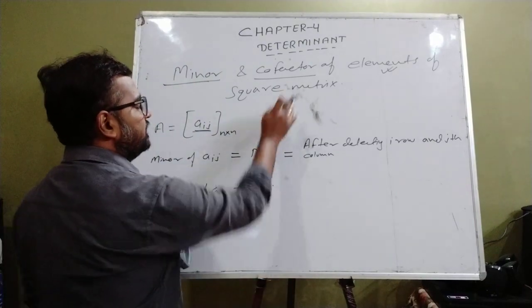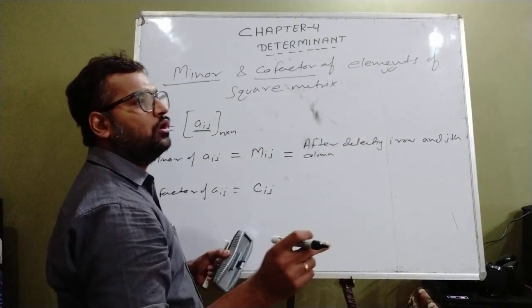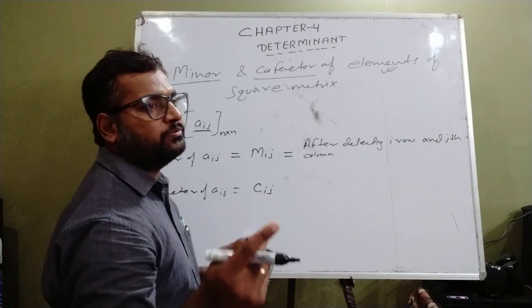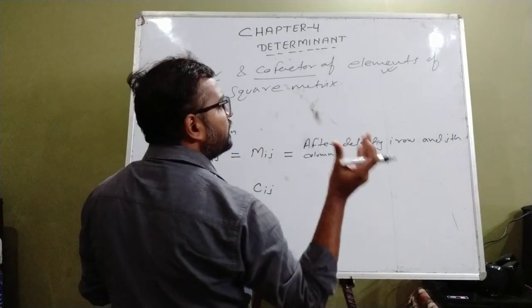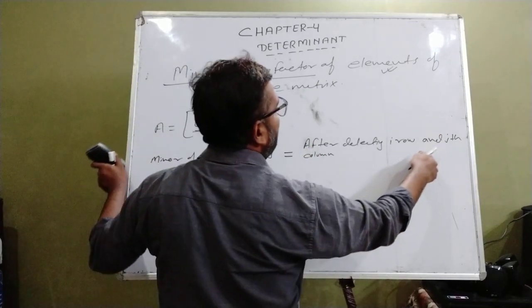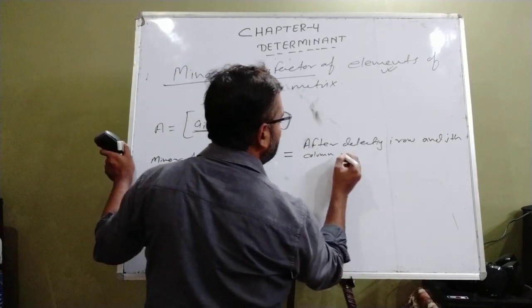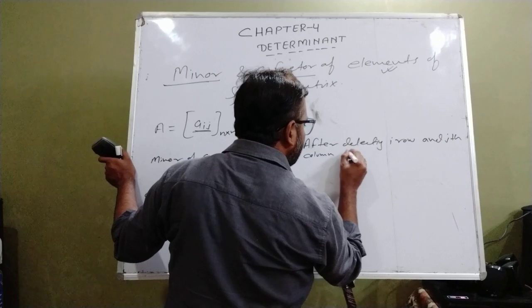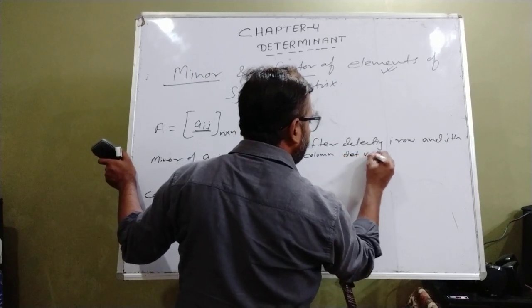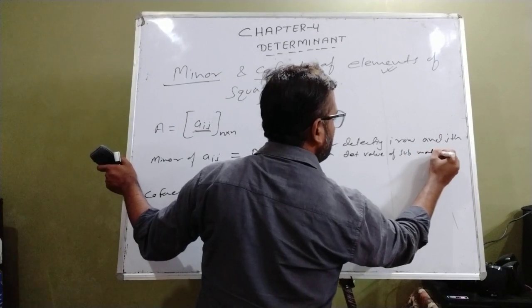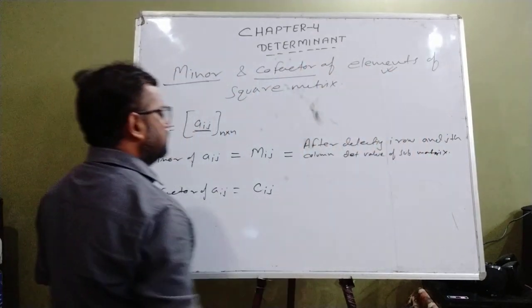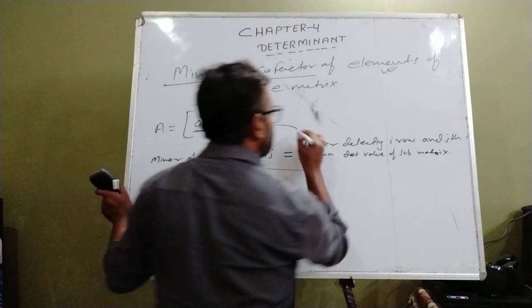We have discussed that after deleting the ith row and jth column, the order of the matrix will be one less than the given order. So that is known as the sub matrix. Then after deleting the ith row and the jth column, the determinant value of the sub matrix. This is the meaning of Mij.